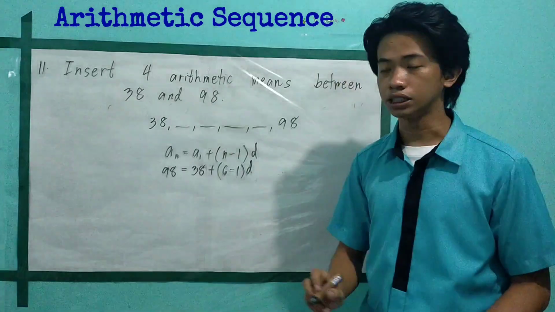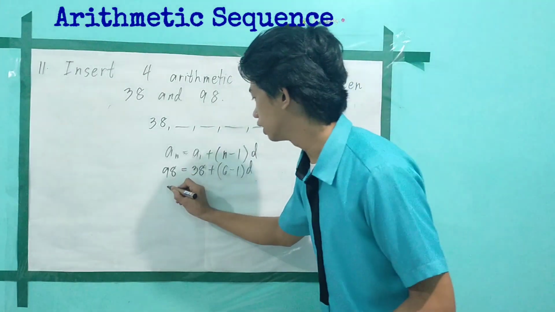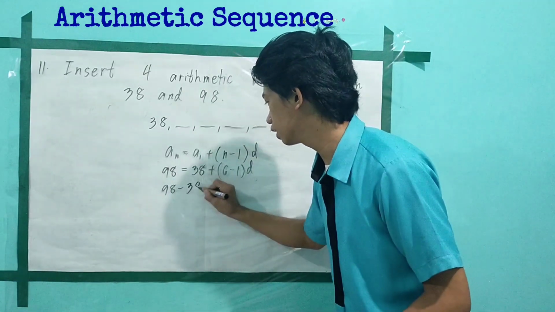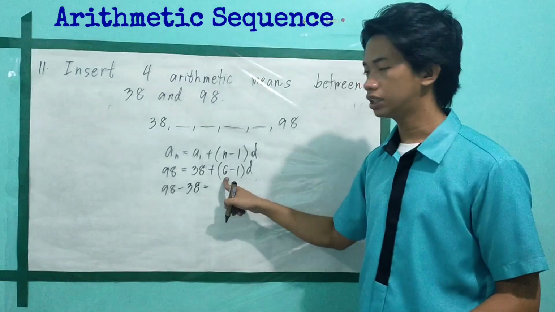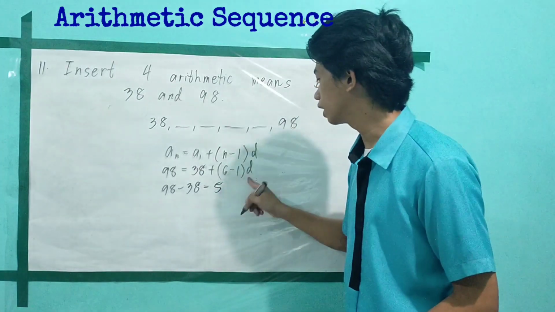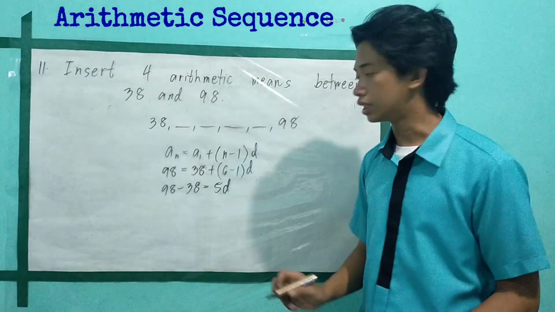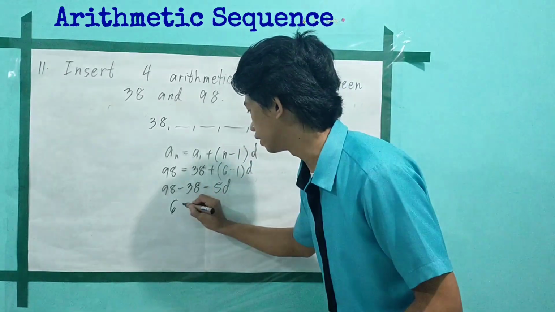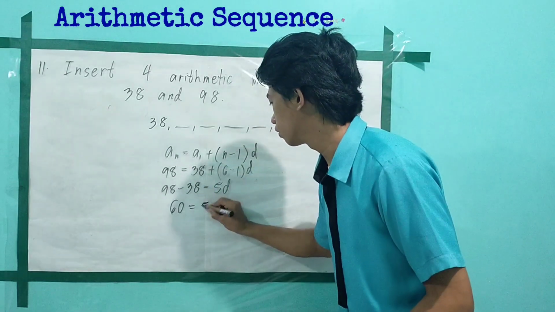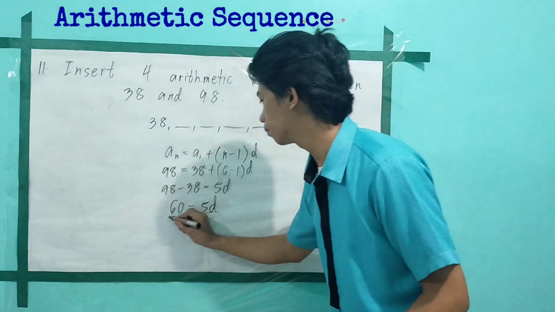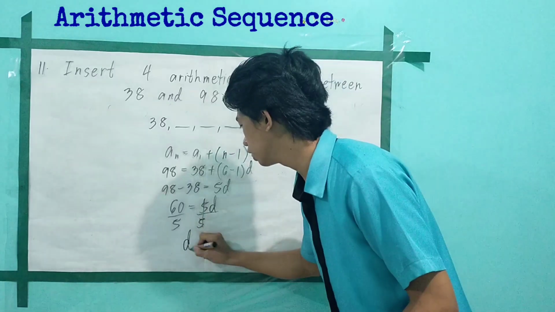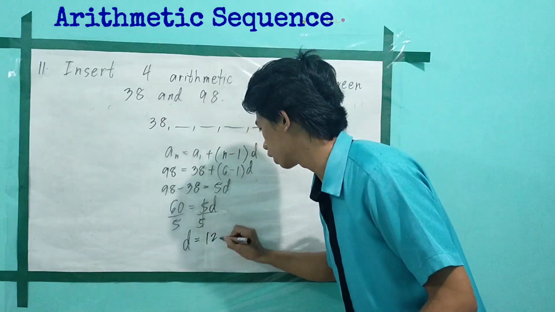Okay, 98, using APE, we have 98 less 38 equals 6 less 1, we have 5 multiplied to the common difference. So 98 less 38, we have 60 is equal to 5D. Dividing both sides by 5, and the common difference is equal to 12.